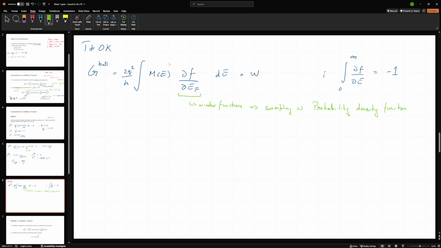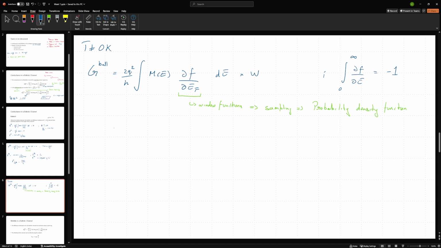So this is kind of the integration of the specific mode density function for a given energy. I'm integrating it over all energy, so I have an average mode density function. So what I can say is the following: at zero temperature, this thing becomes a Dirac delta function and I literally sample just one single energy value. Now I have a window, so I shall sample over that window.